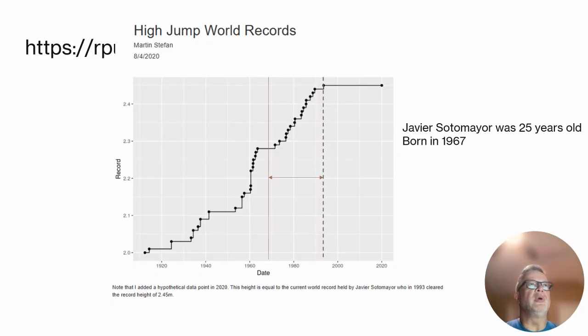Here we have a high jump record, just one, so you can see it pretty clearly. Javier Sotomayor was 25 years old when he established this record in the 90s. I think it was 1993, and he was 25.